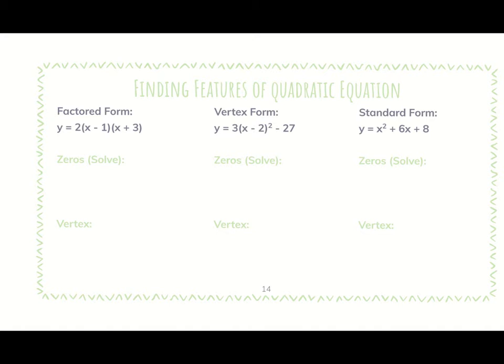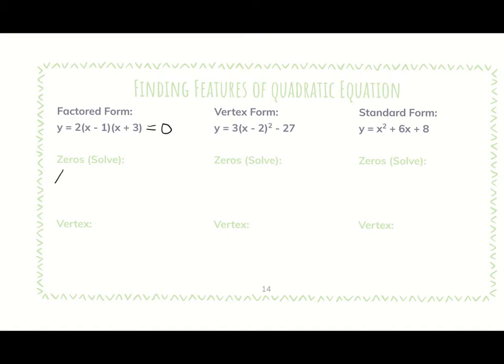So factored form, finding the zeros. Well, this is what you can do super easy from factored form. All we have to do here to solve is set it equal to 0 and set the factors equal to 0. Anytime we're trying to find the zeros in any of these forms, we always want to set equal to 0. So we're going to set this equal to 0. And to find those zeros, we're going to set each factor.